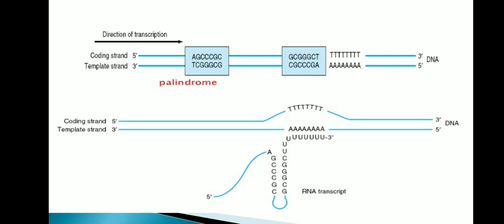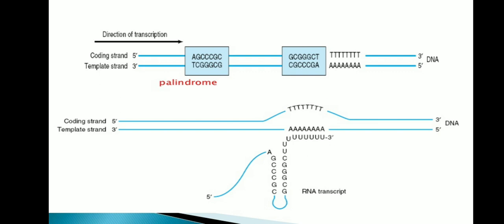You can see here the hairpin like structure. This hairpin like structure will be formed at the palindromic sequences. Palindromic means the DNA sequences are exactly opposite to each other, like adenine, guanine, cytosine, guanine, cytosine, and exactly opposite to that, guanine, guanine, cytosine, thymine.